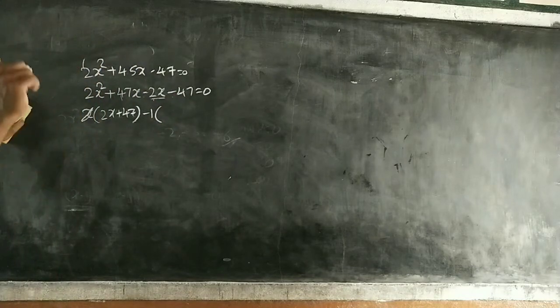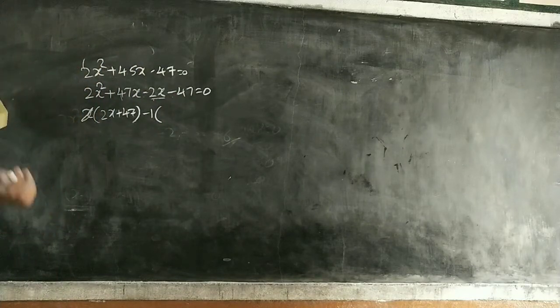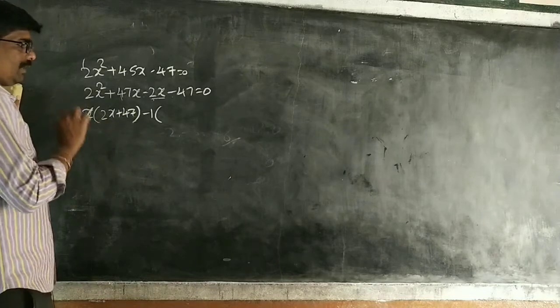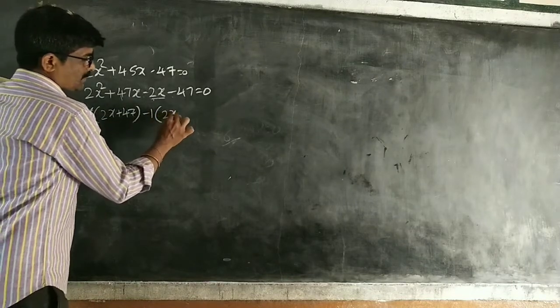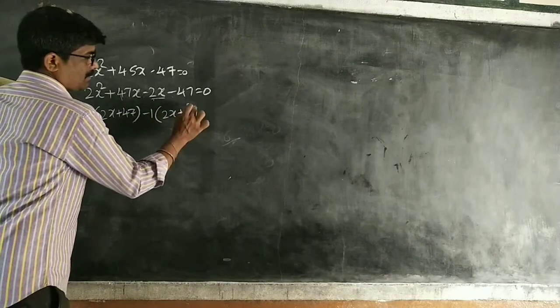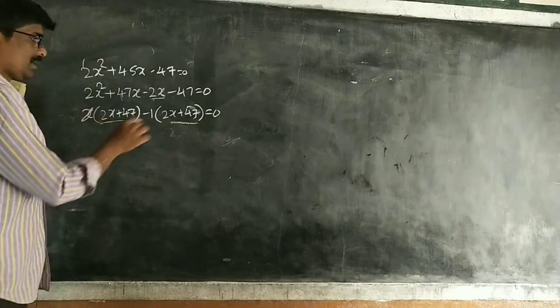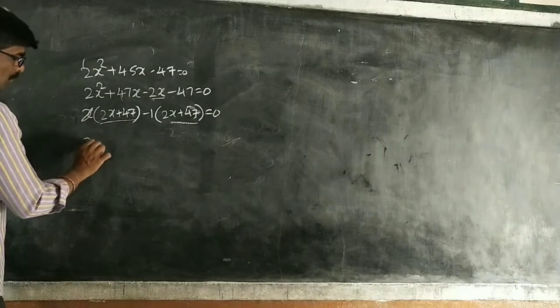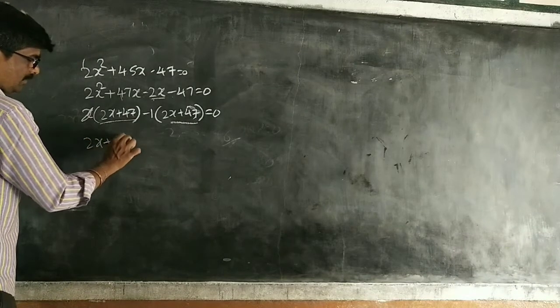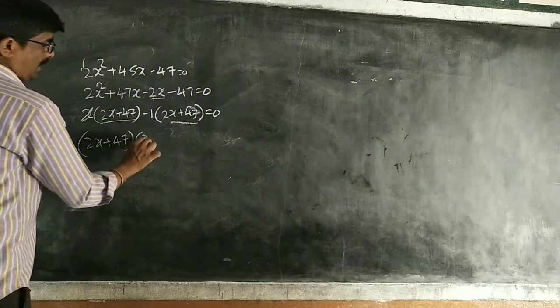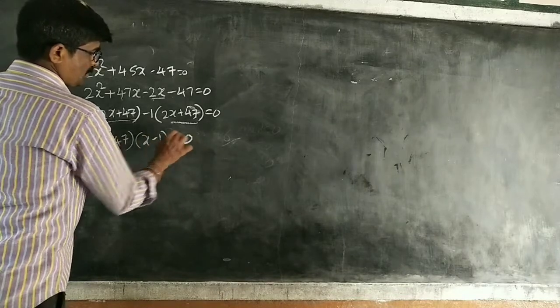Therefore we have to take one only as the common term. 1 into something. That's why directly I am taking 1. So 2x plus 47, 2x plus 47 is equal to 0. In this we have the common term 2x plus 47 into x minus 1 is equal to 0.